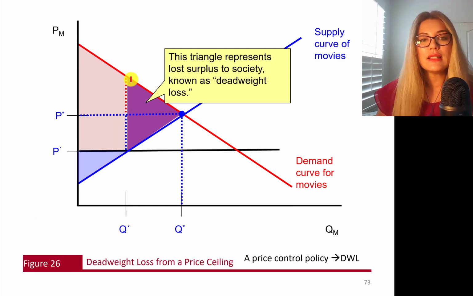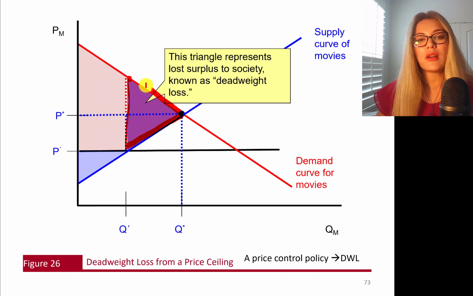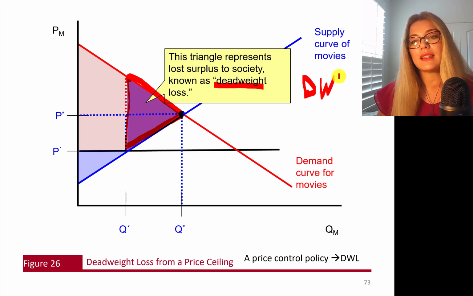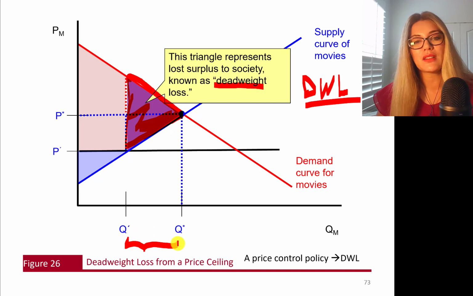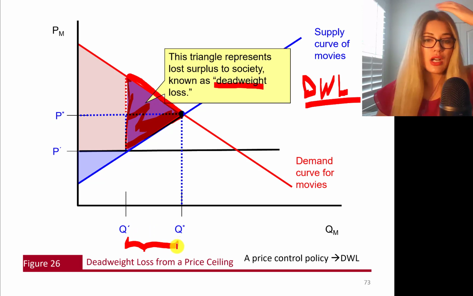This triangle represents the loss in economic surplus, social efficiency. What we call deadweight loss. Anything that starts with DW is bad news. So this is deadweight loss. Why is this happening? Because these many movies are never being consumed, watched.